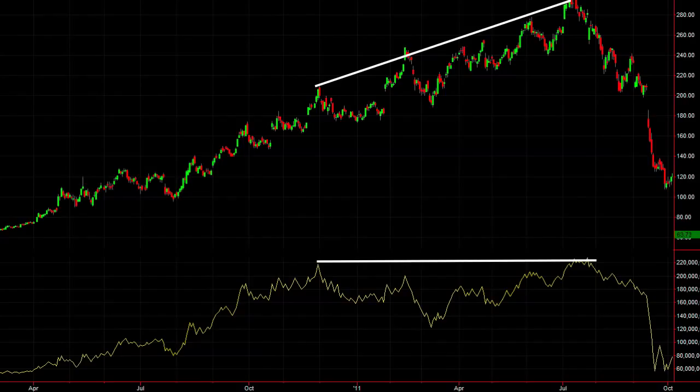One example could be the on balance volume. Here for example you see how the on balance volume makes a double top while price continues up. When you see that, you should then tighten your stop because this up move is no longer confirmed by the on balance volume.